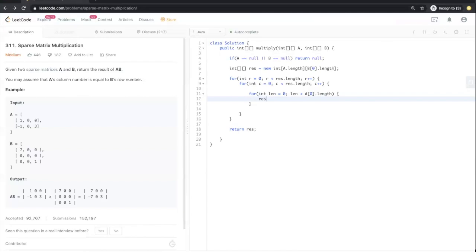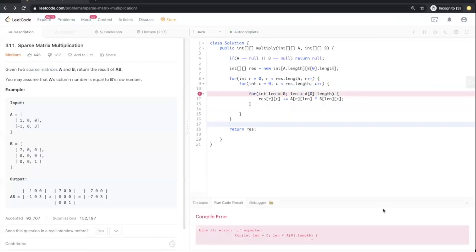And now response of RC equals to A of R, which is the row, times the length, multiplied by B of length times C. I think that's it, actually. So why don't we go ahead and try that code out?